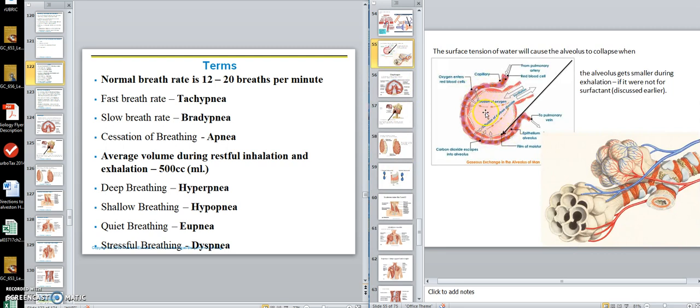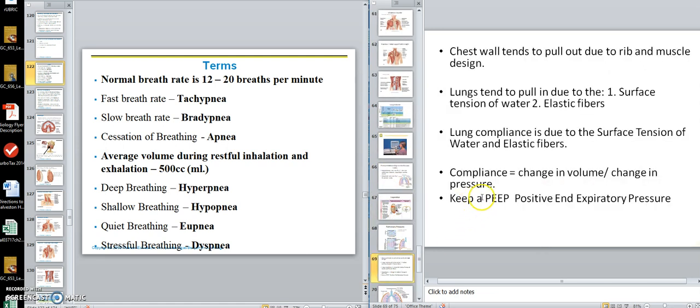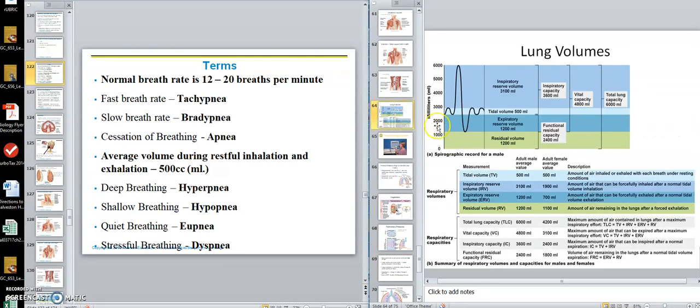So we need to keep some extra air in there so it doesn't get too small and collapse on you. From respiratory purposes, this is using a positive end expiratory pressure. Now, what's giving that in your physiology? That term is for using a respirator. What's doing it physiologically is this residual volume right there.